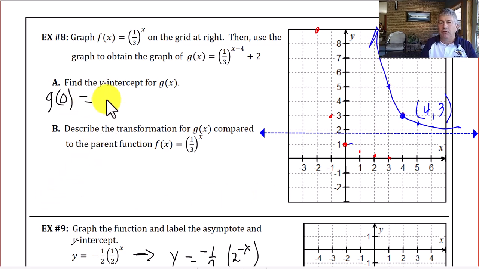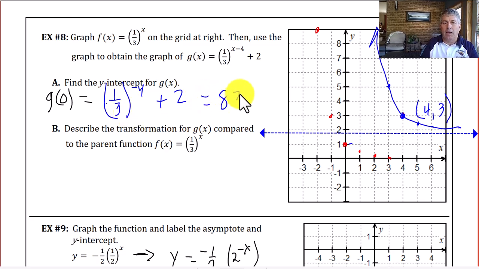So g(0) is going to be a little bit tougher to find, but that is going to be (1/3)^(-4) + 2. So whatever (1/3)^(-4) + 2 is, it is 83.